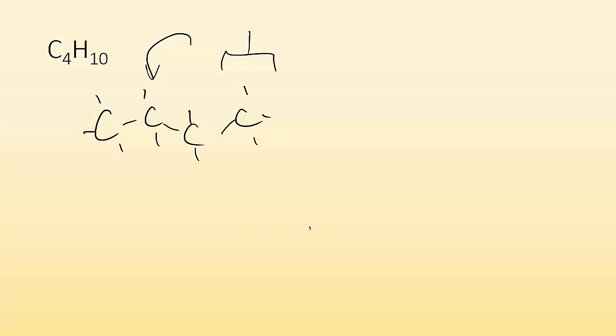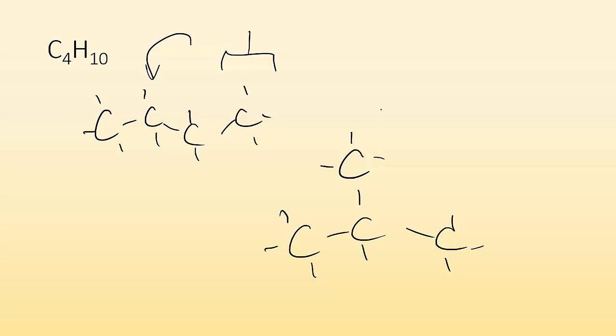So I end up with a carbon, carbon, carbon, and instead of having another carbon here, I took that carbon and put it on the middle carbon. So now I have a branched chain hydrocarbon that is a structural isomer, because if I take a look, the formula for this is still going to be C4H10, and the formula for this one is still C4H10.